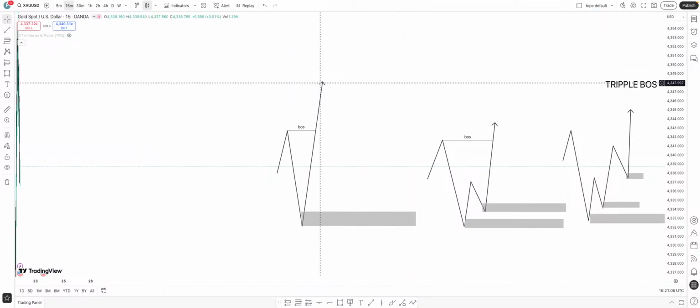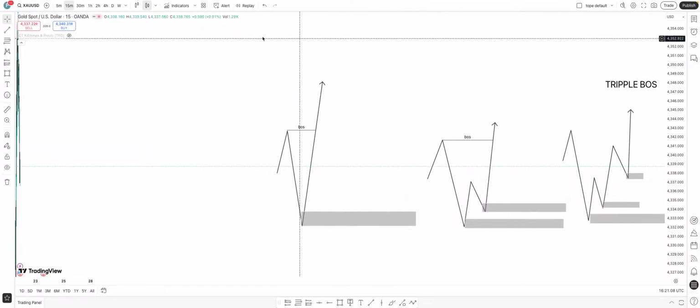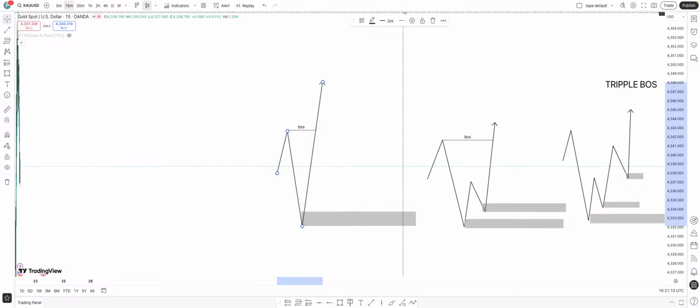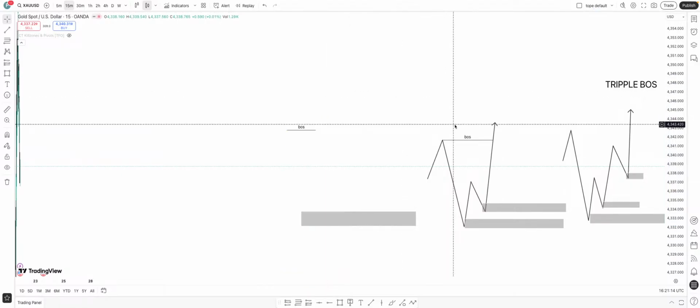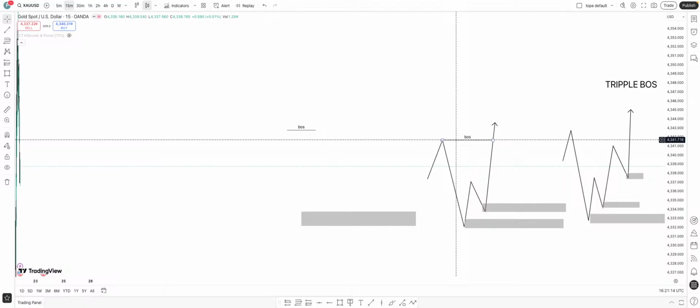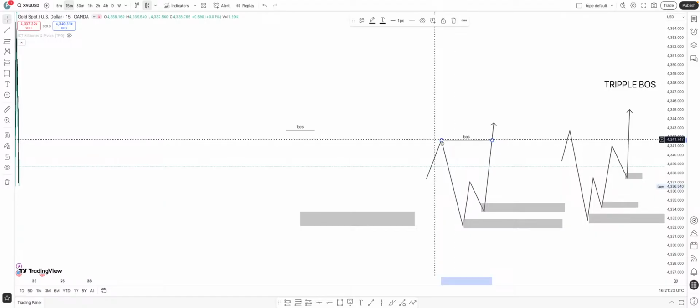Because what you guys were identifying was totally rubbish. You guys still don't understand the concept of break of structure, and that was the whole point of the first lecture that we had, that you should understand the concept of break of structure.